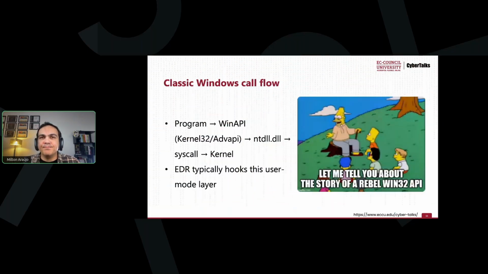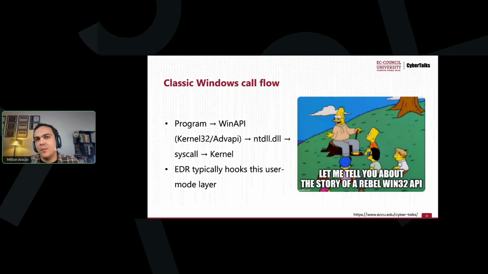Going back to something a bit more structured, let's look at the classic Windows call flow. A normal program calls a function from kernel32 or ADVAPI, which then calls into NTDLL. From there, we reach the syscall stub and finally the Windows kernel. EDRs love this area.